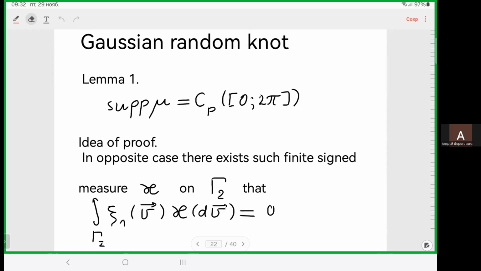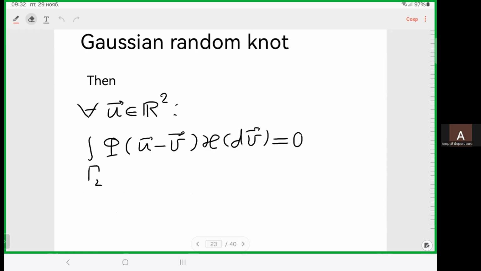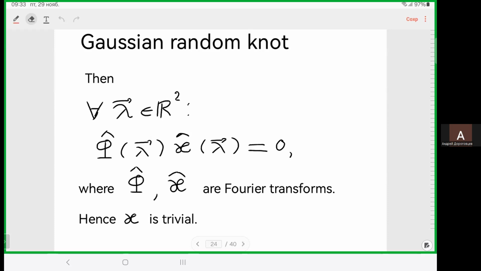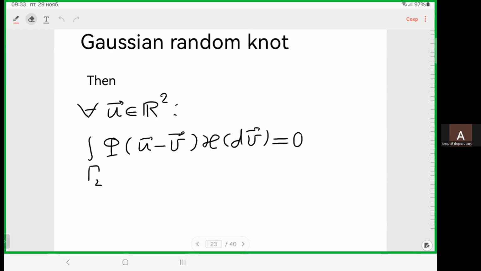But this means that for any u which belongs to R2, we have the following: the integral of phi(u minus v) kappa(dv) equals 0. What is the reason? Okay, let me write.